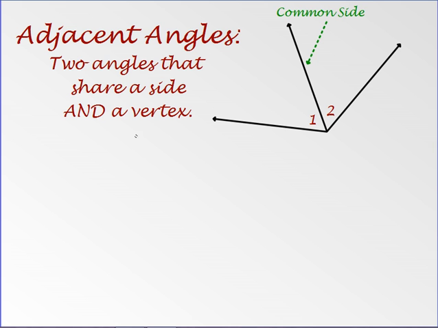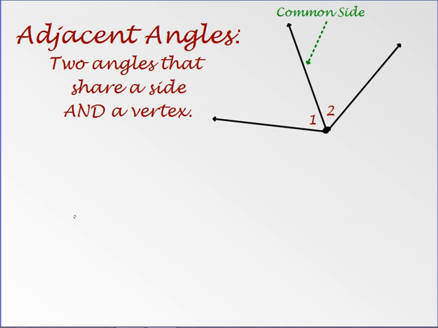Adjacent angles are any two angles that have a common side and a common vertex. Adjacent angles can't ever be separate, and it doesn't matter what their measures are. I can't have adjacent angles that are separate because then they wouldn't share a side or vertex.